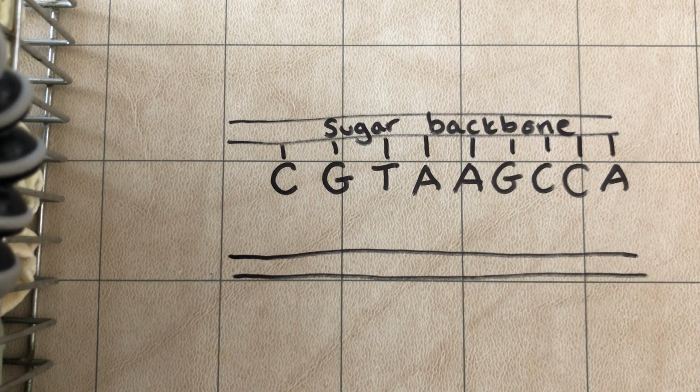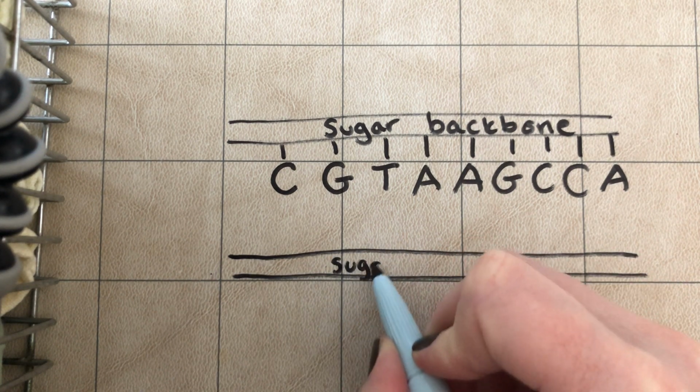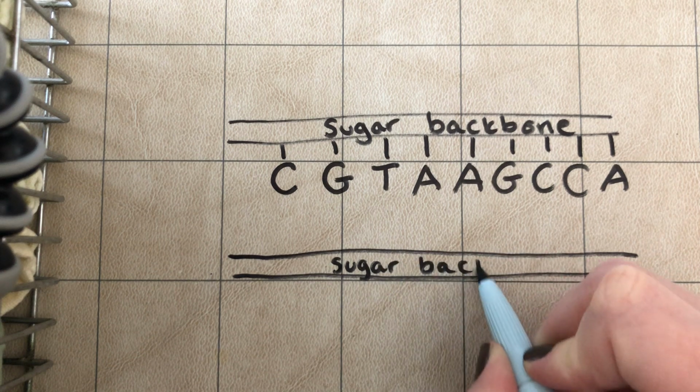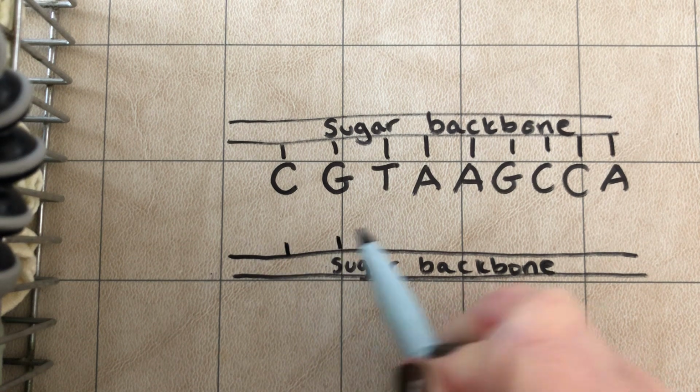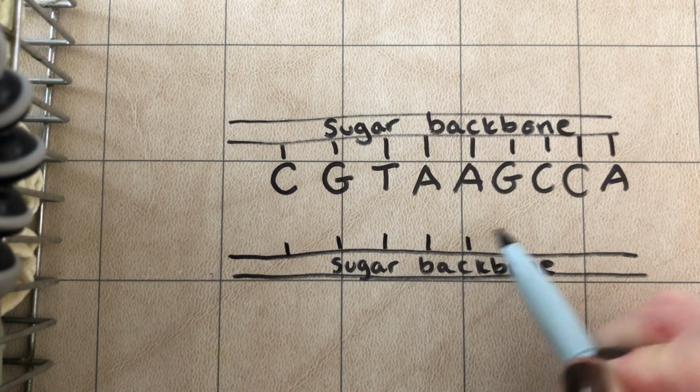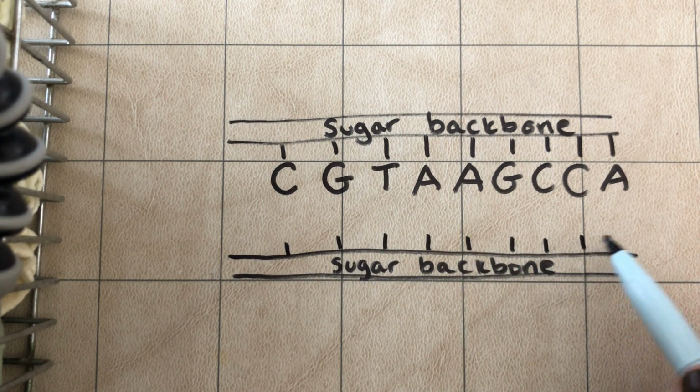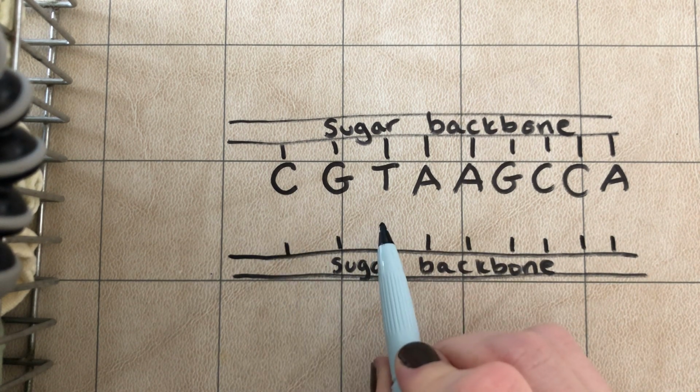So we have a second sugar backbone, and we know that there must be a second set of bases that link up with each of these bases on our top strand. And we need to know what letters those are.